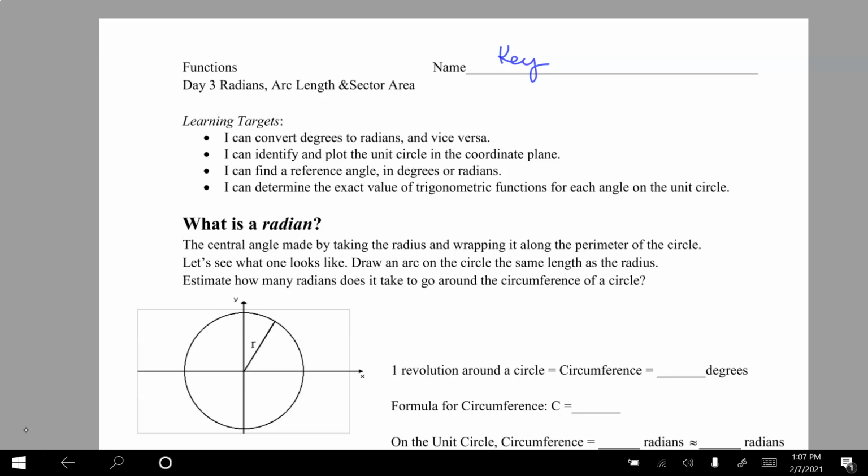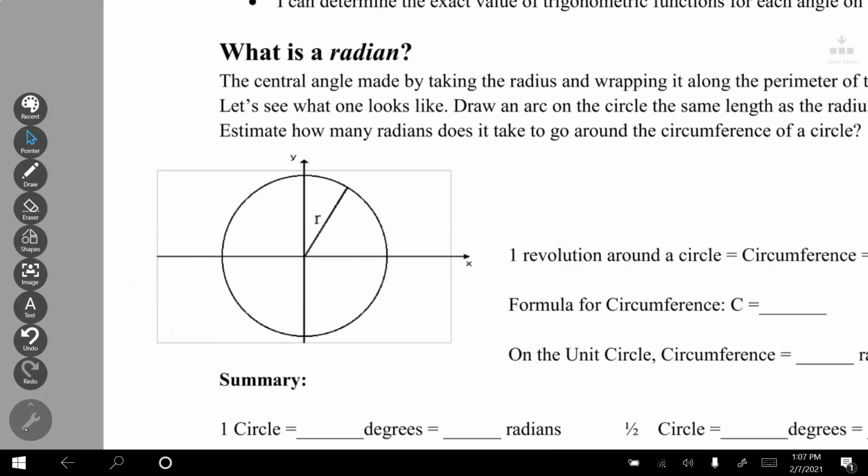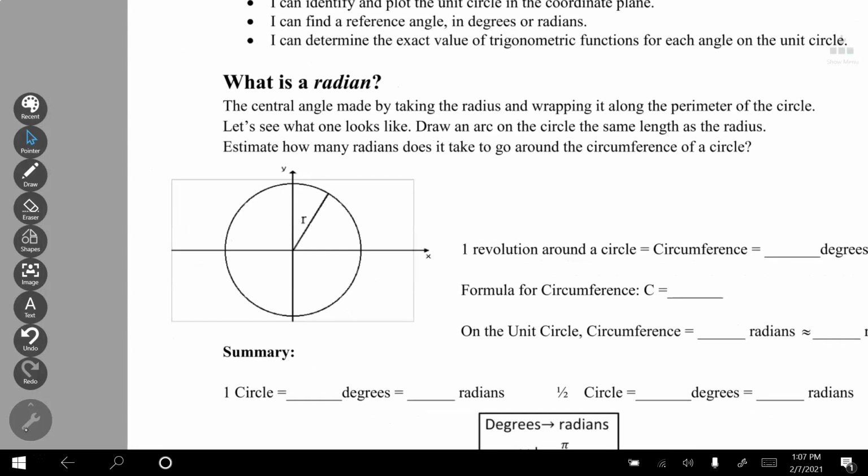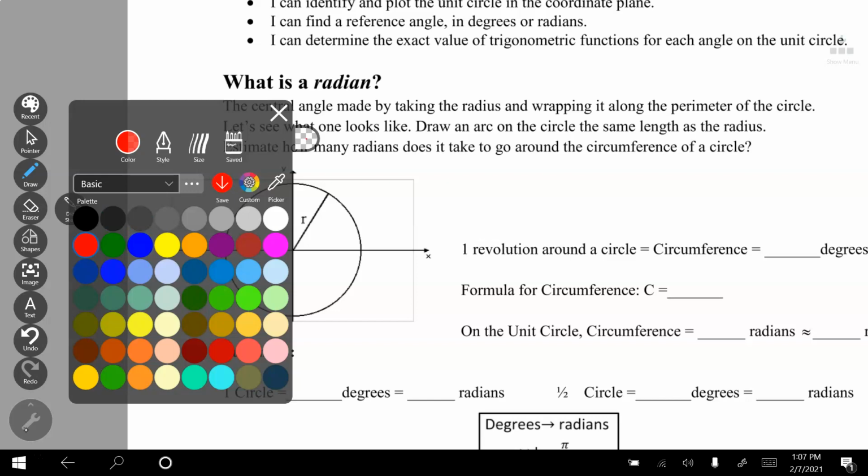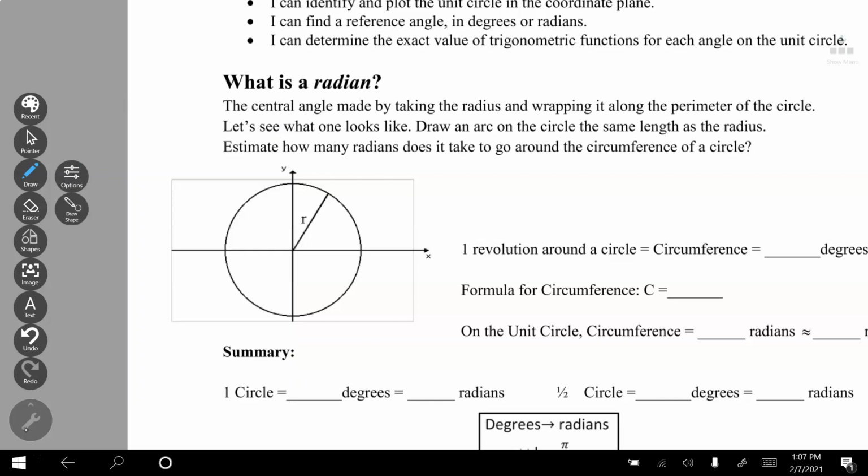So what is a radian? A radian is a central angle made up by taking a radius and wrapping it around the perimeter of a circle. So the idea is that this red line is a radius. And this is 1 radian because the red radius line is the same length as this arc length.